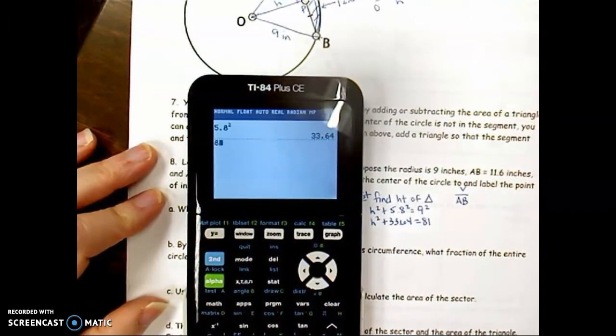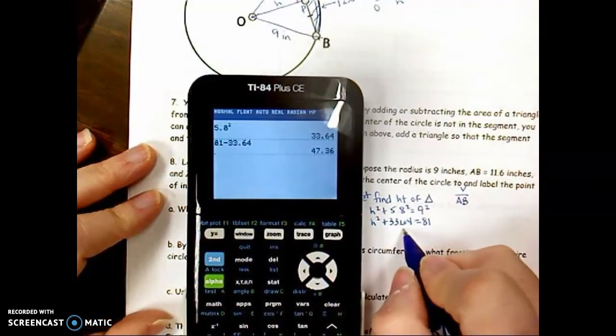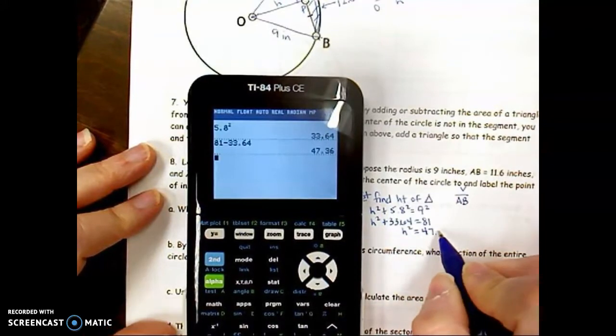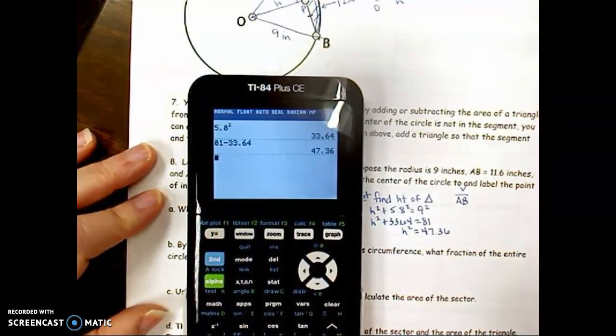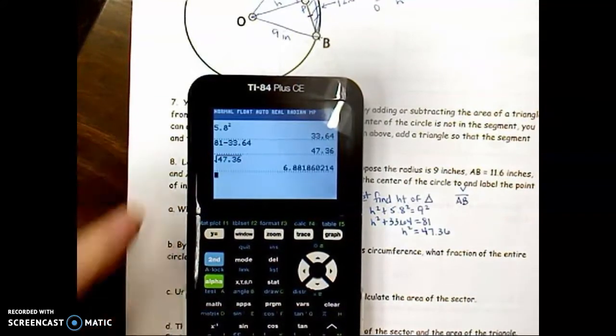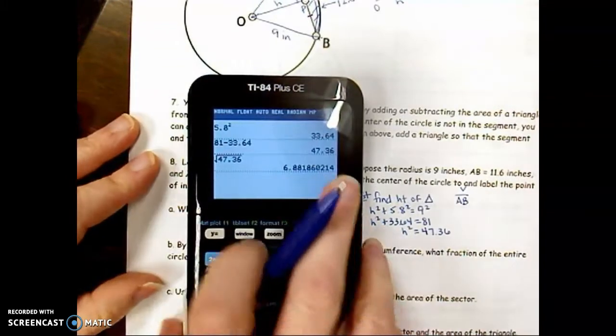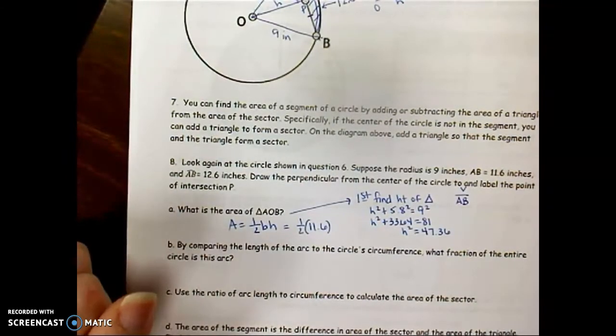And we can subtract 81 minus 33.64, and that tells me what h squared is. Now h is, we know, found by taking the square root, but we don't want to take the square root of 47.36 because it's not a perfect square. And we don't want to round our answer yet, okay? We don't round our answer until the very end.